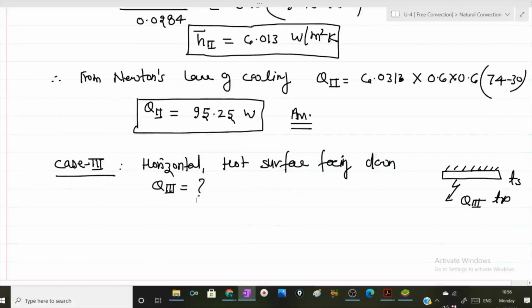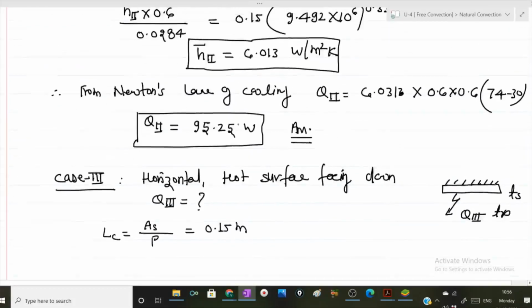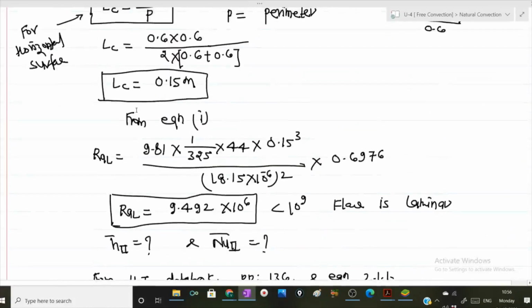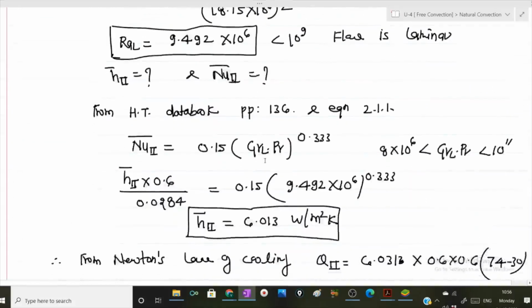So once again, it is still a horizontal plate. So the characteristic length, A_s by P, will be 0.15 meter as we have calculated in case 1, and the value of Ra_L will be 9.492 into 10 to power 6.